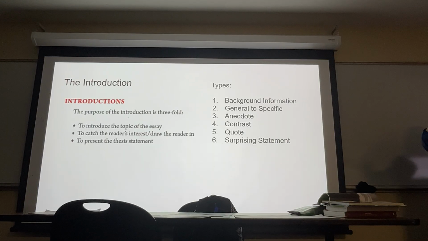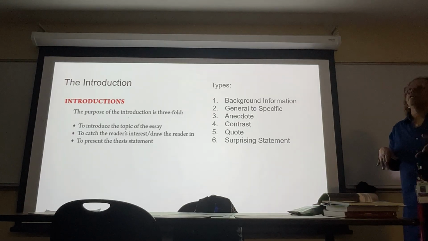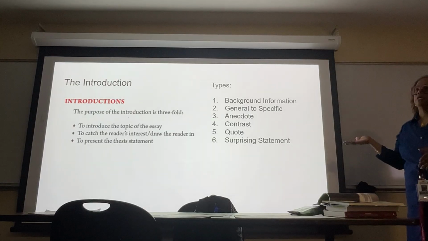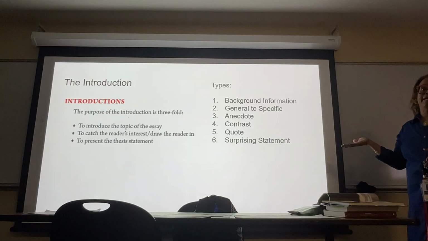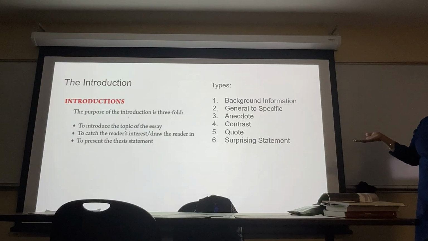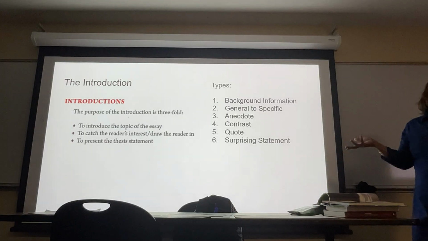Contrast, giving the negative first about it, or giving the opposing viewpoint first. Quote, give a direct quote that directly relates to it, or do a summarization, right? And then lastly, a surprising statement. The surprising statement was actually the statistics for the Whitney Houston one, right? It was just like, whoa, those were some big numbers.